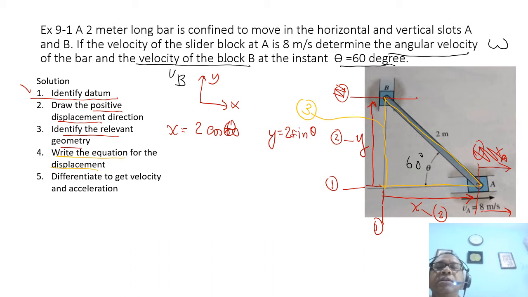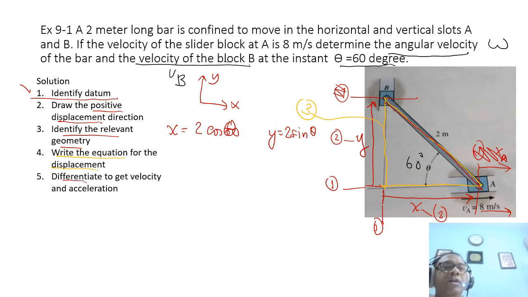Can you see that? This is y, the sine component, and x is the cosine component. That's number 4, and after that we are going to differentiate.